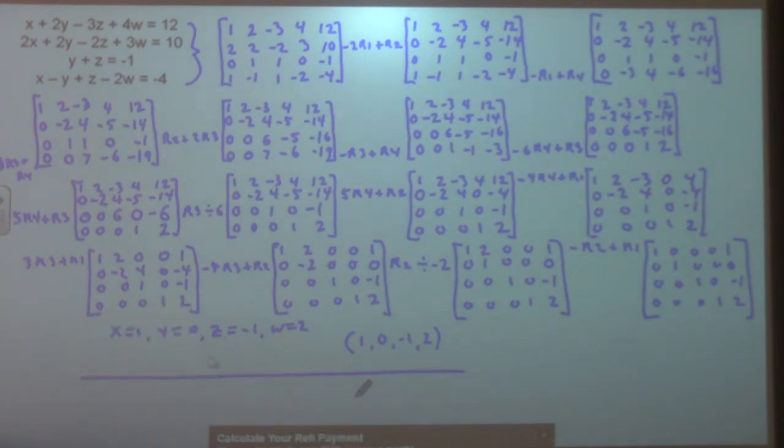Thank goodness for calculators. Your calculator will do in the blink of an eye what took me 29 minutes to explain. And I'm explaining to a public audience too, right? So it might have taken me a little bit less time, but look at all those steps.